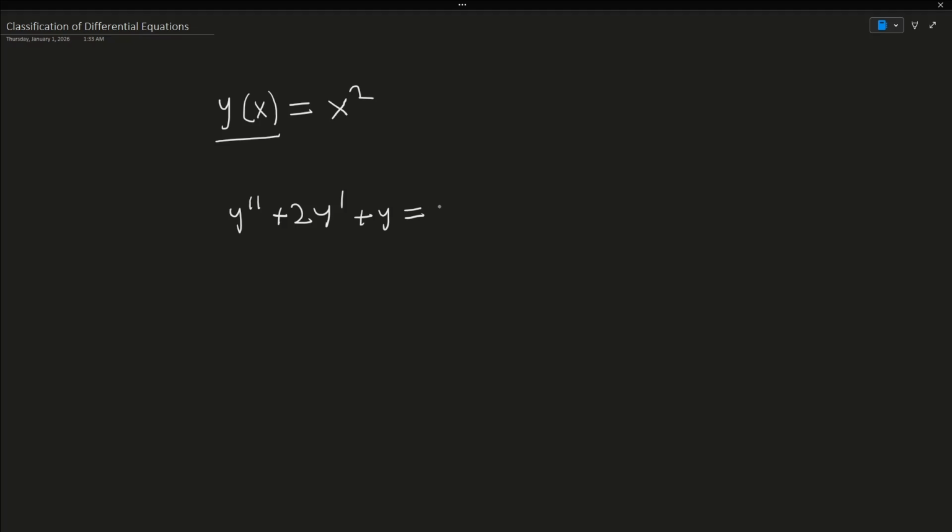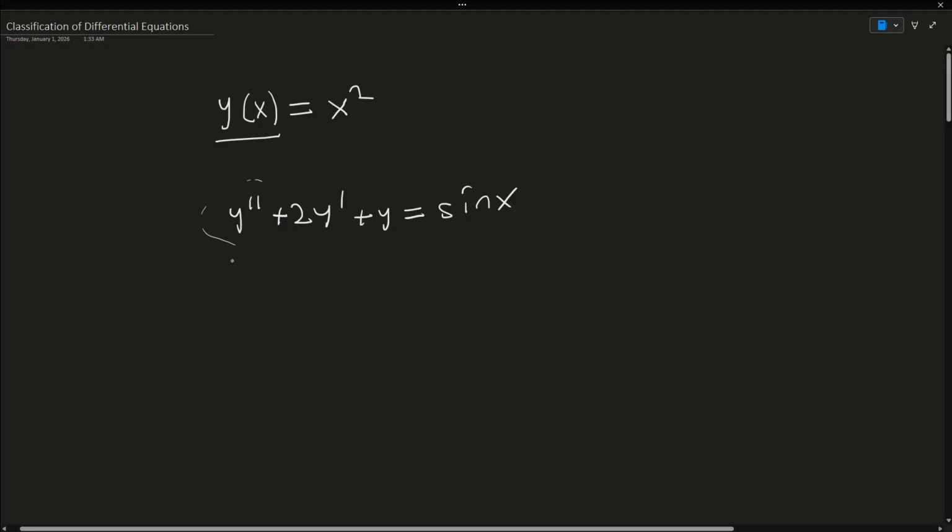So equals, let's say, sine of x. This will be a differential equation because we are making use of y prime, the double prime of this function, 2y prime, y of x, and we have sine of x.